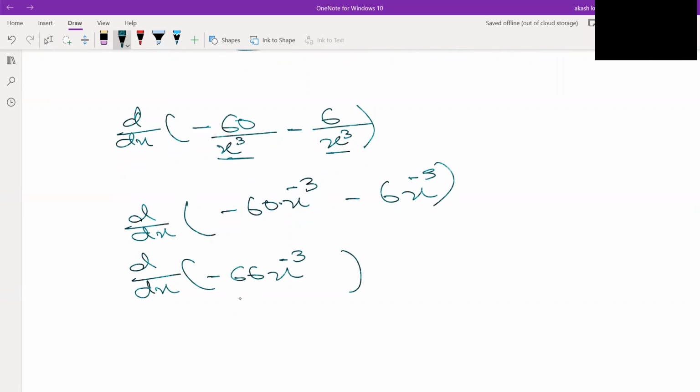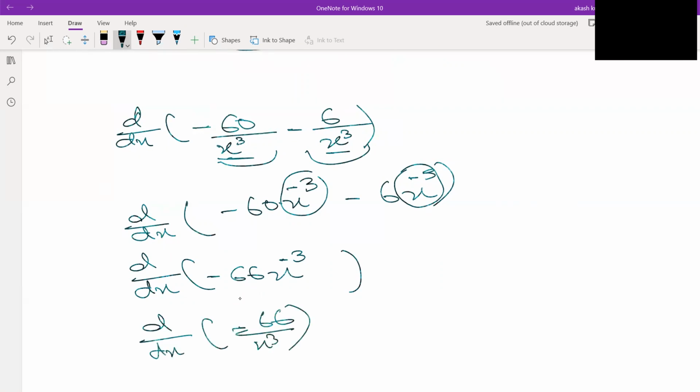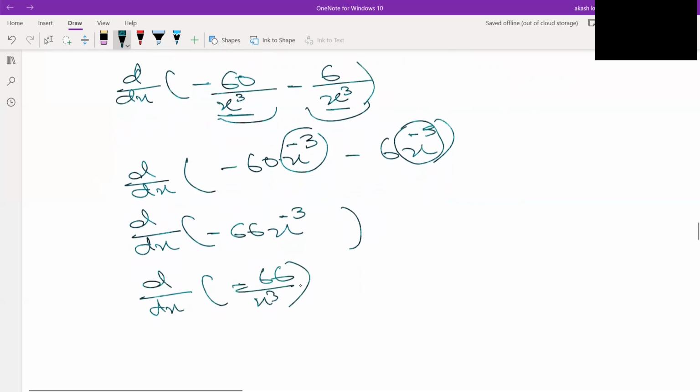Instead of finding the derivative separately, if their power is the same, then we can add them. So it will be d over dx of minus 66 over x cube. We can do it like this. Is it clear? Understood, yes.